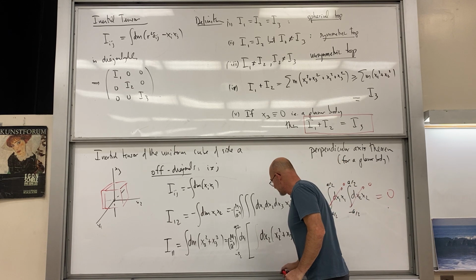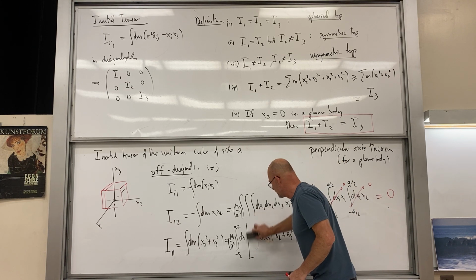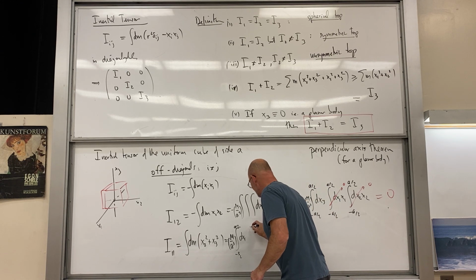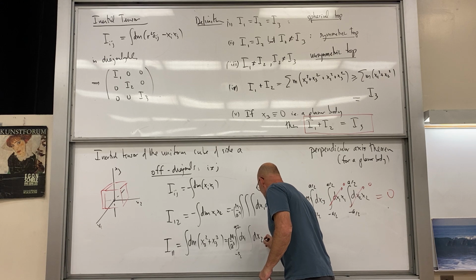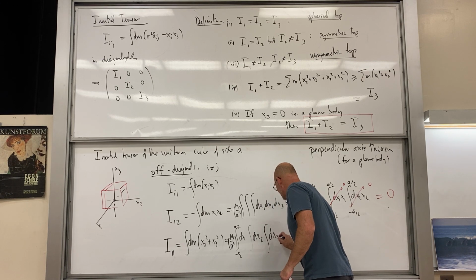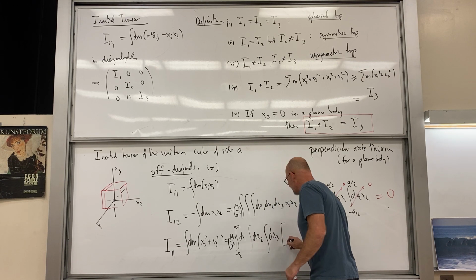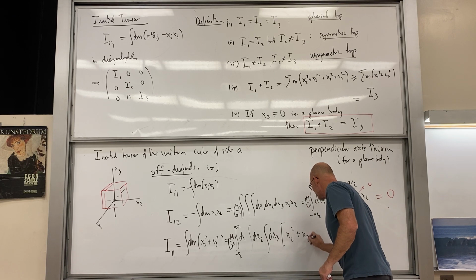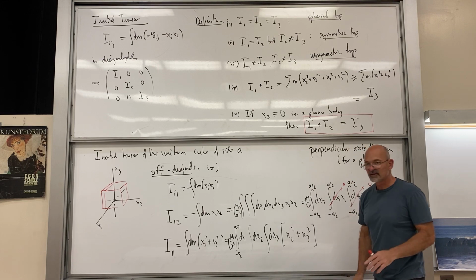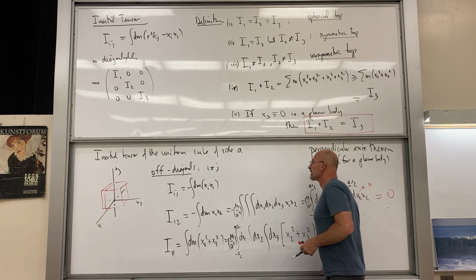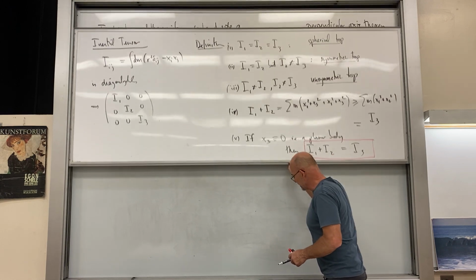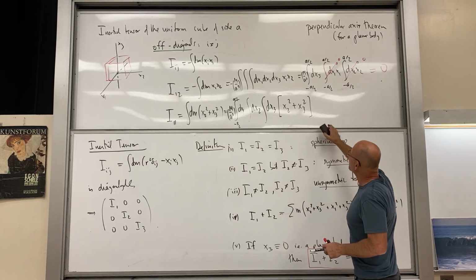Okay, I'm confusing myself. Let's do this: dx2, dx3, and then x2 squared plus x3 squared. Okay, so that's true. My power, okay, so I knew that was wrong.